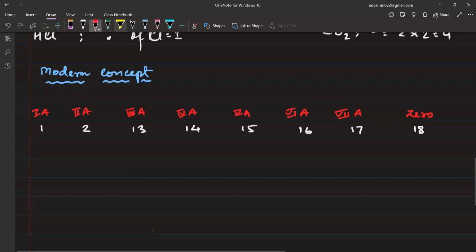Now, as we all know, the outermost electronic configuration for the first group is ns1. Similarly, for the second, it is ns2. For the third, it is ns2 np1.